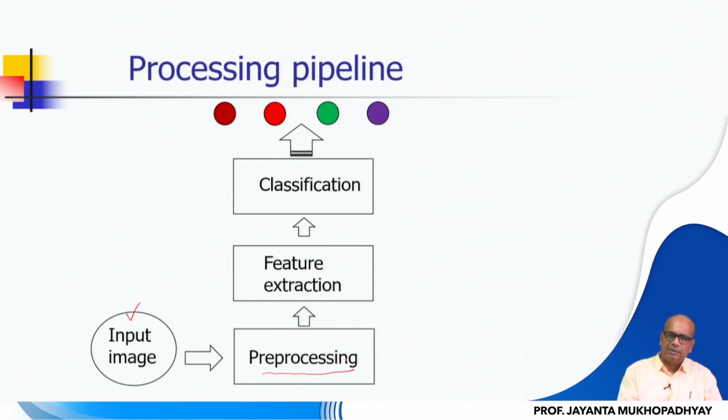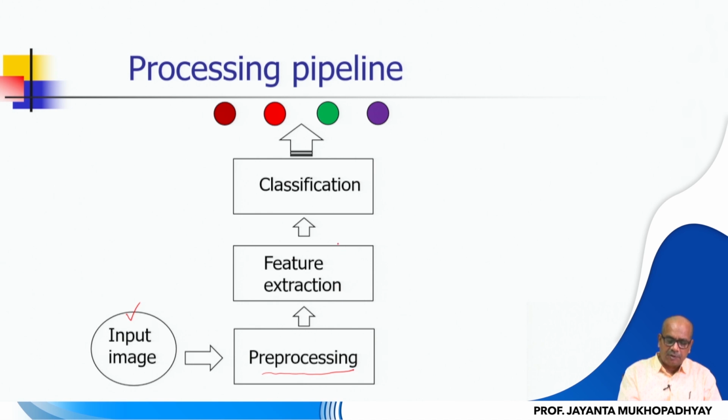Then we extract features from those objects in the images, or the patches I mentioned. We have already discussed feature detection and description in the previous lectures. Using those techniques, depending upon the nature of the object, you can derive a representation, mostly in the form of a feature vector, or a set of feature vectors, to represent an object.